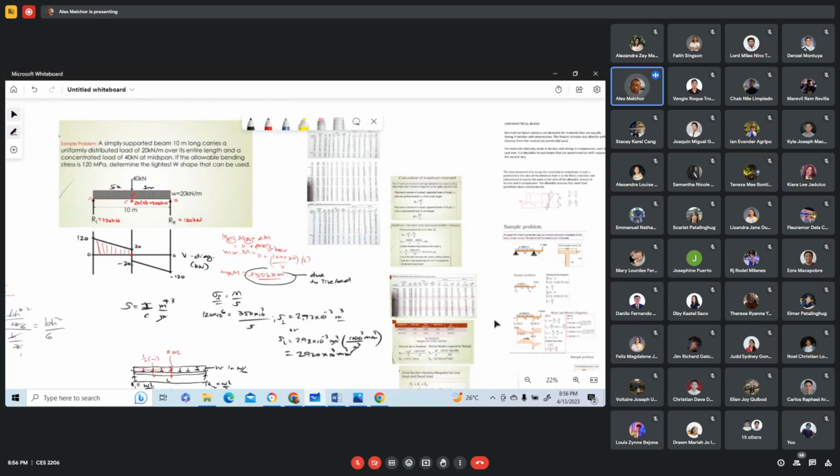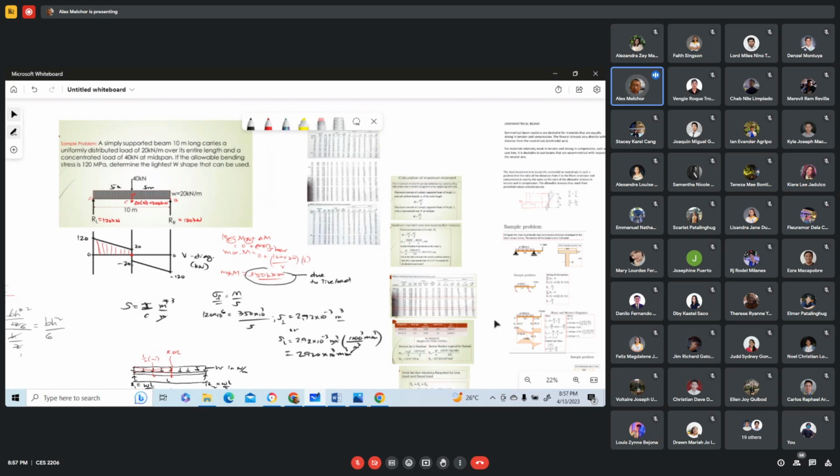Or I might give you a moment diagram and you're going to supply the load diagram and the shear diagram. You don't need to write the shear and moment equations, only the sketches with the values of the shear and the moment at sections where we have a change of loading condition. So that's the second problem.